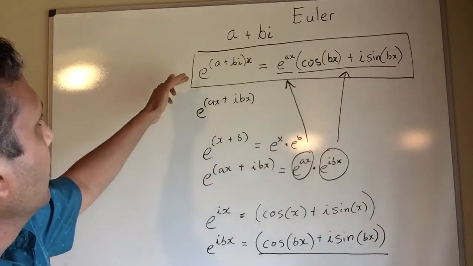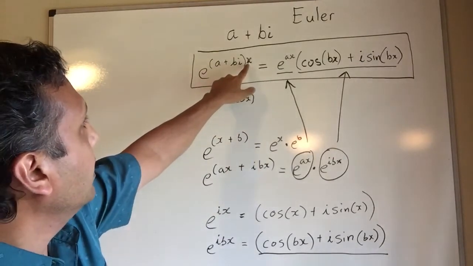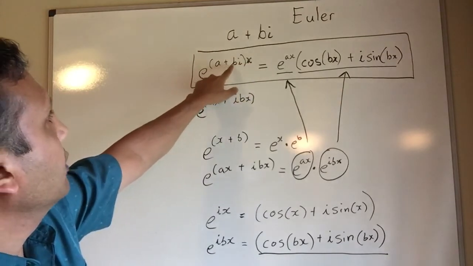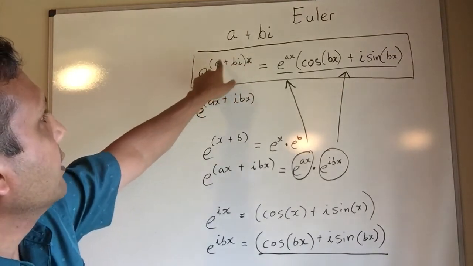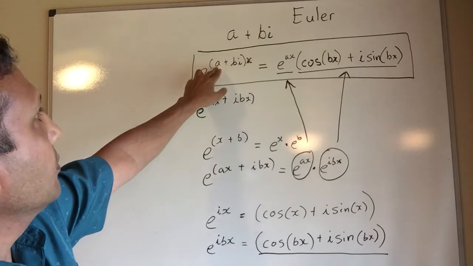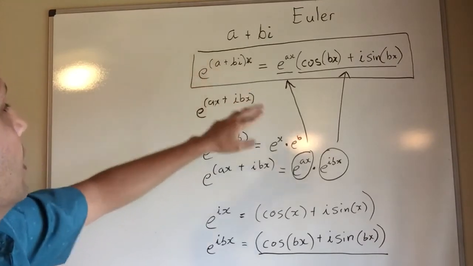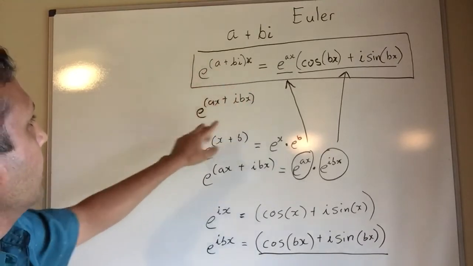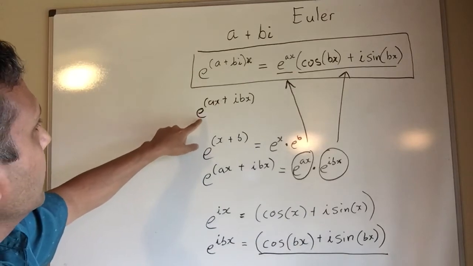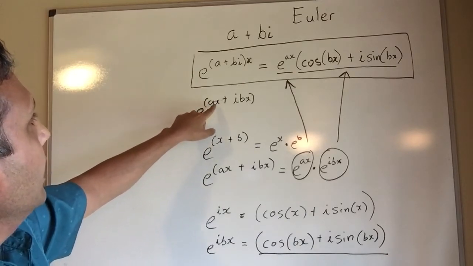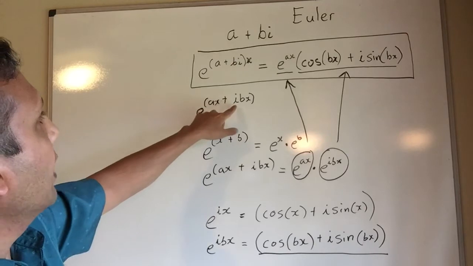So then I distributed the x to each of the terms inside this parentheses, or to each of the terms of the binomial. So I then gained e to ax plus ibx.